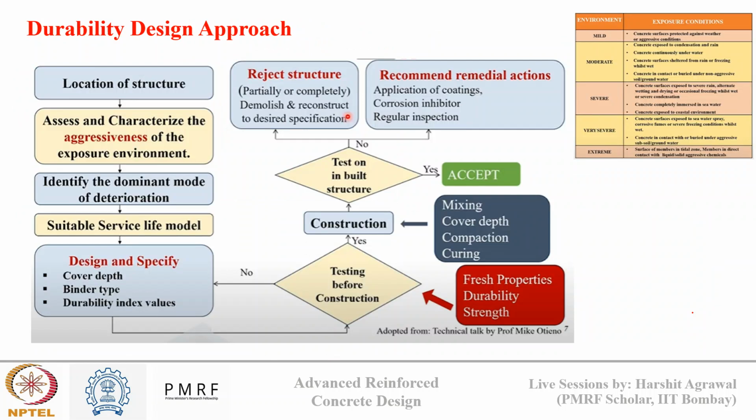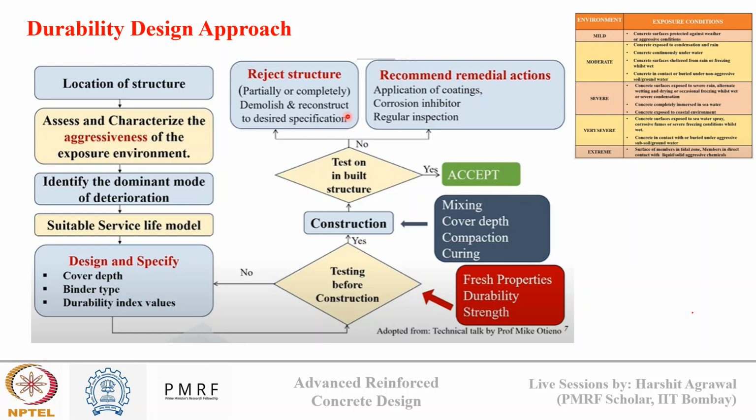And at last, we discussed how durability is taken into consideration in the design of reinforced concrete. We understood this flowchart of performance based design. We talked about different durability indexing tests: oxygen permeability, water sorptivity, and RCPT.